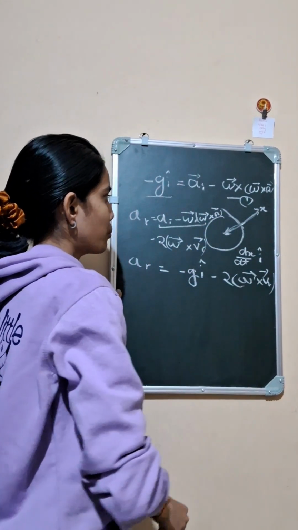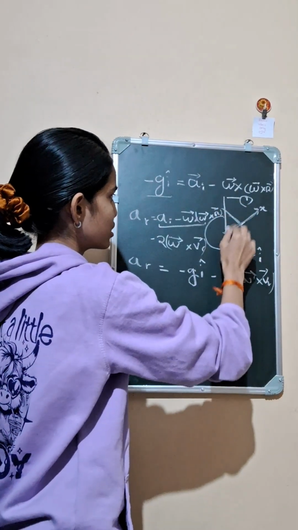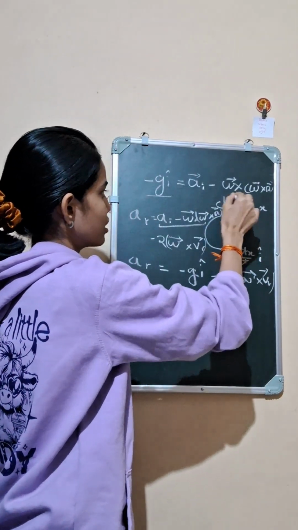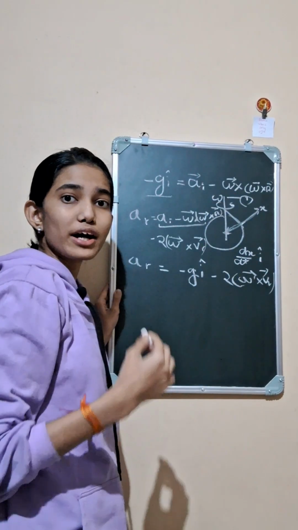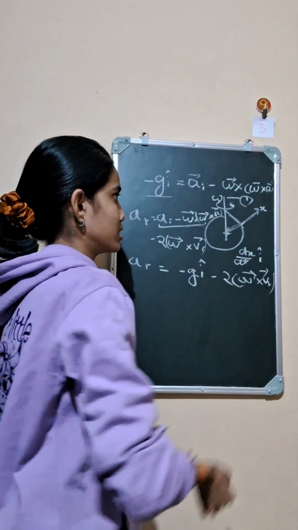And we know about omega. Here the earth is rotating along its axis with omega, a uniform angular velocity.